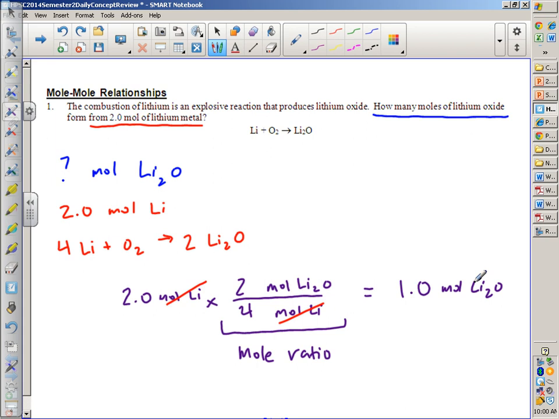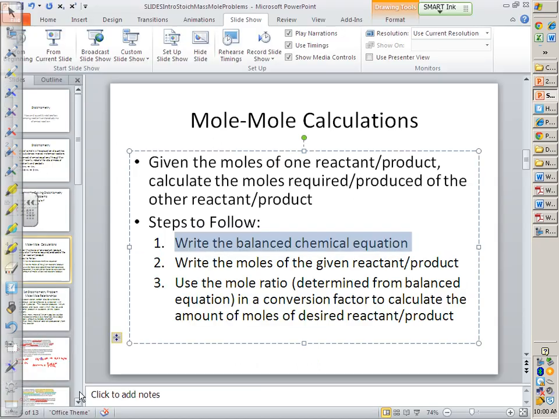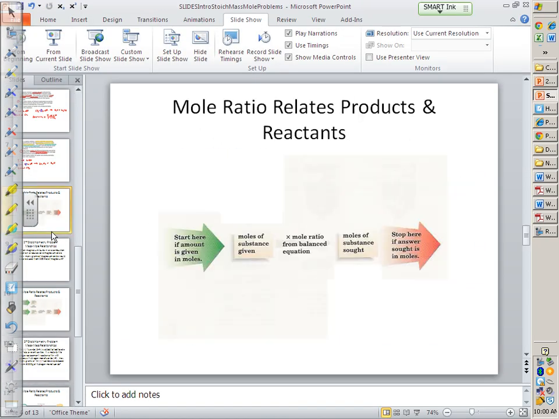Okay. That's the easiest kind of stoichiometry problem. We refer to that as a mole-to-mole relationship, because it gave us moles, and we're looking for moles. If you go back to your outline, a mole-to-mole stoichiometry problem is basically one step.